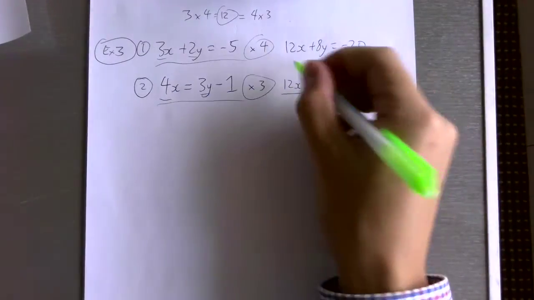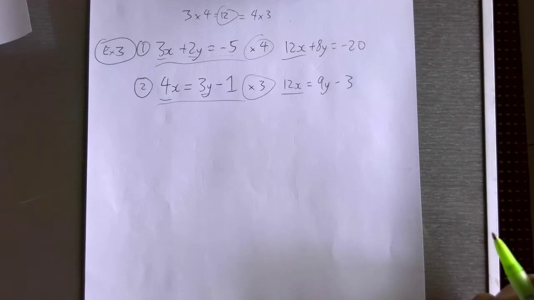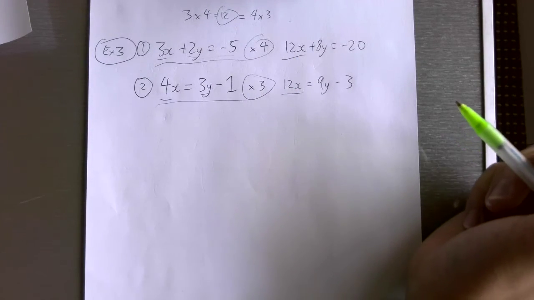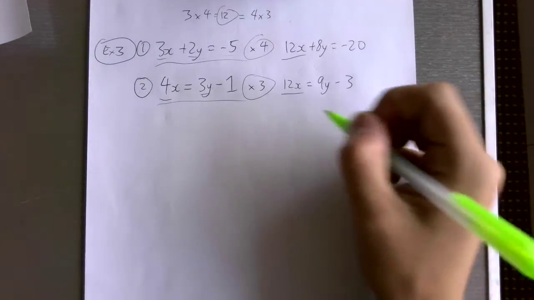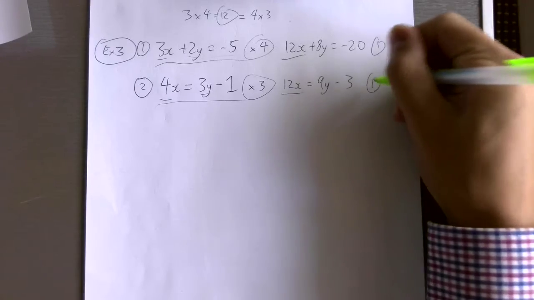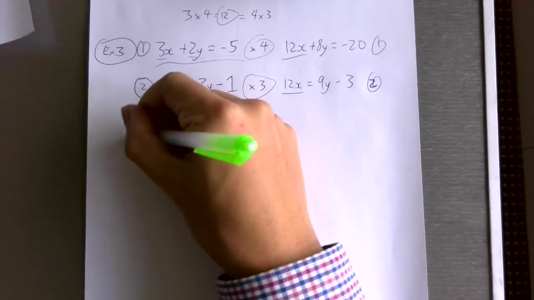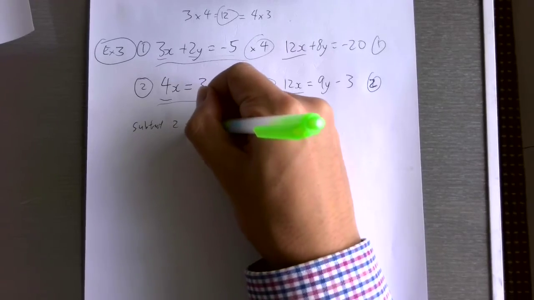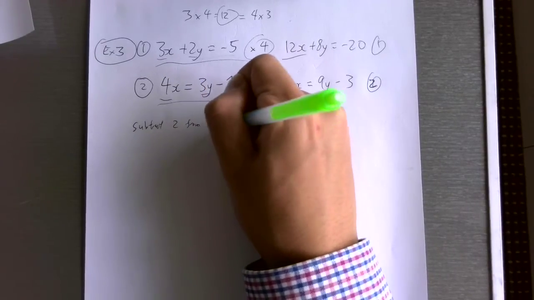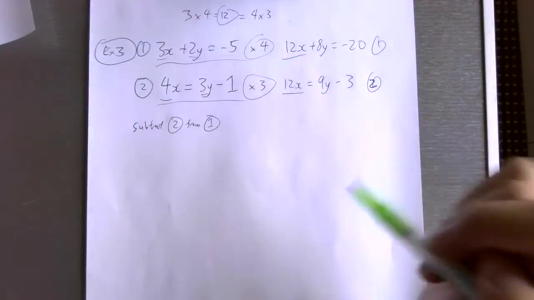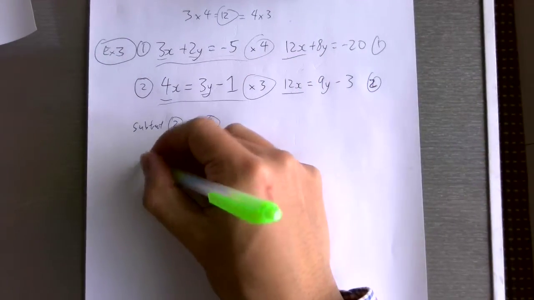But the thing about now is we have a pair of terms which are the same size. And if you remember, when the signs are the same, we need to subtract. So let's call this equation 1 and call this equation 2. So we're going to subtract 2 from 1. So what that looks like is we have 12x minus 12x. That's going to be nothing on that side.